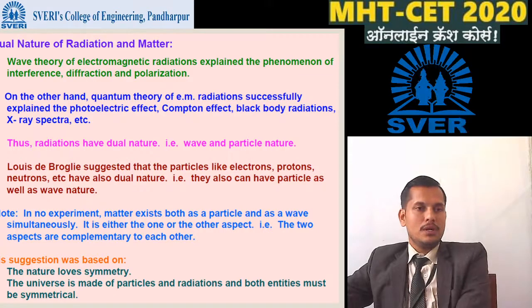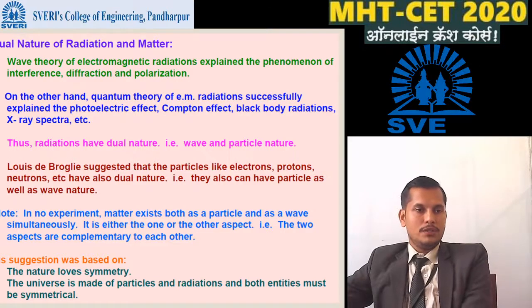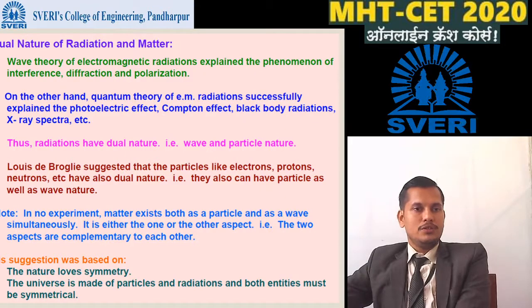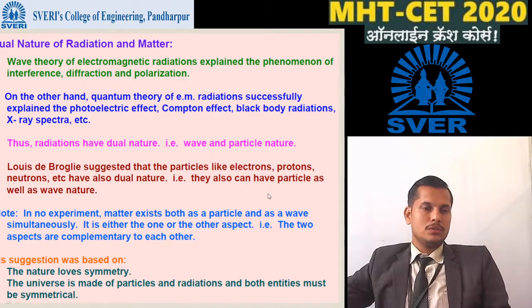ऑन द अदर हँड दुसऱ्या बाजूचा जर विचार केला, so quantum theory of electromagnetic radiation successfully explained the photoelectric effect, Compton effect, black body radiation, X-ray spectra. तर याच्यावरून आपण कन्सिडर करतो की हे मॅटर्स जे आहेत तर कशी बिहेव करतात, दॅट इज इलेक्ट्रोमॅग्नेटिक वेव्स अँड मॅटर वेव्स व्हेन वी आर कन्सिडरिंग. तर त्याचा बेस घेऊन लुईस डी ब्रॉगली सजेस्टेड दॅट the particles like electrons, protons and neutrons are also having dual nature, that is wave particle duality.